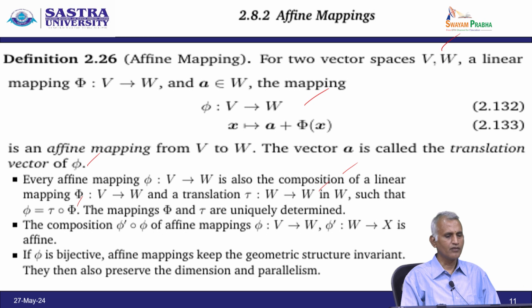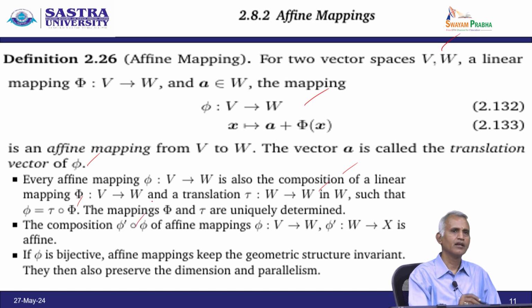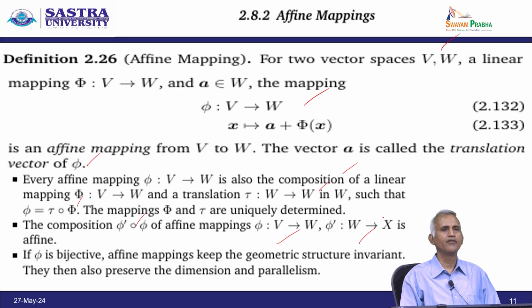The composition of affine mappings, phi from V to W and phi dash from W to X, is again affine. If phi is bijective, meaning both injective and surjective, an affine mapping keeps the geometric structure invariant. So, they also preserve the dimension and parallelism. These things are most important for affine mappings.